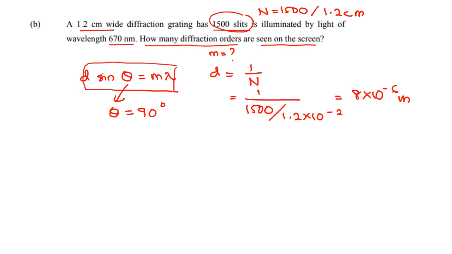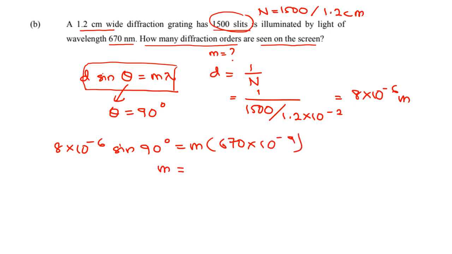So d is 8 times 10 to the power of -6, sine 90 degrees, equals m, and lambda is 670 times 10 to the power of -9. You calculate and get m equals 11.94. So here we have to take m equals 11.